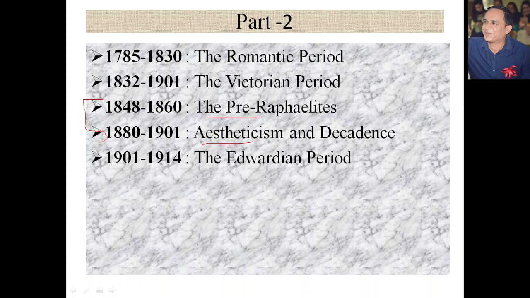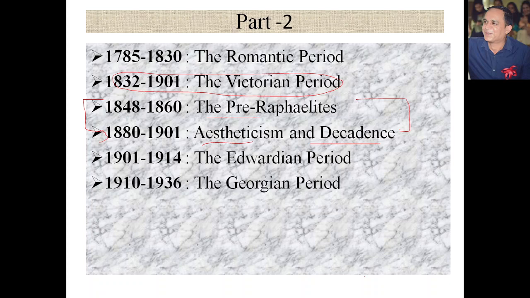Okay, so this is the Victorian period, further subdivided into these two. And then comes from 1901 to 1914, the Edwardian period, or you call it the pre-war period also. Then from 1910 to 1936, this is known as the Georgian period.